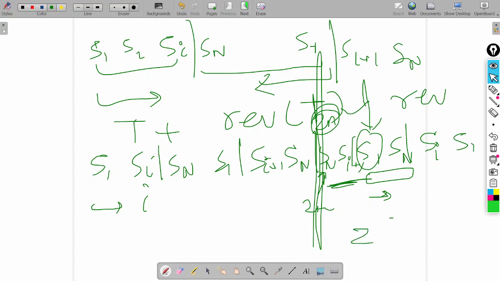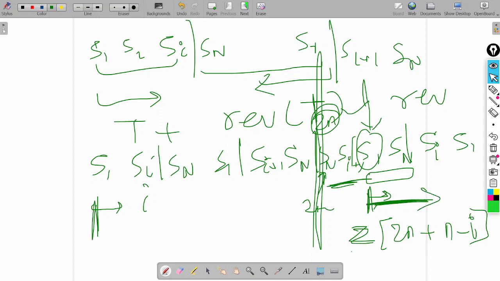So we will check z of 2n plus n minus I. This will give the maximum length starting from here for which the prefix of that length is the same as this string.